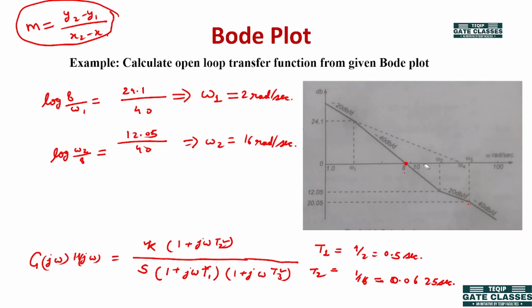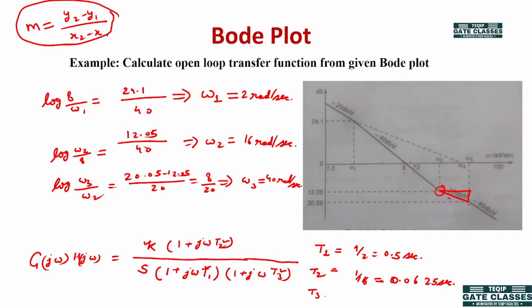Now next we calculate omega 3. For calculating omega 3, we have this graph. This slope is minus 20 per decade. This height is 20.05 minus 12.05, that is 8, and this is omega 3 minus omega 2, where we have already calculated omega 2. So we have the equation log omega 3 by omega 2 is equal to 20.05 minus 12.05 upon 20. So this is 8 by 20, and if we solve this, we get omega 3 is equal to 40 radians per second.